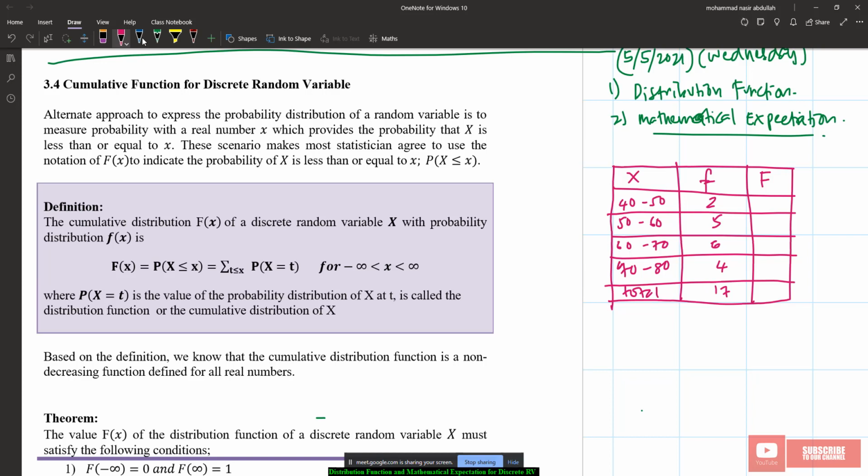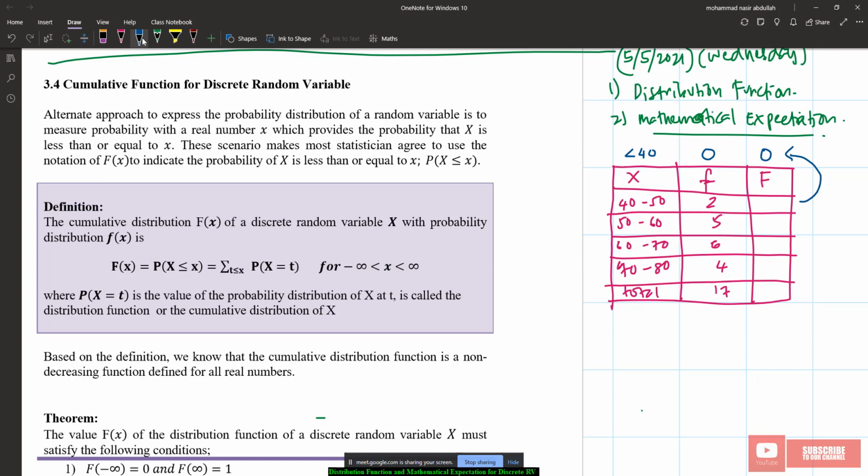If you want to find the cumulative frequency, you should always start before the first class, right? The cumulative frequency starts before the first class. So before the first class, the cumulative frequency equals 0, and the frequency also equals 0, and this one is x less than 40.